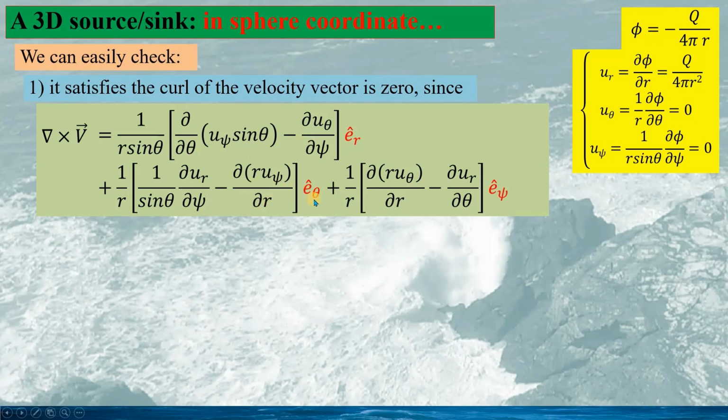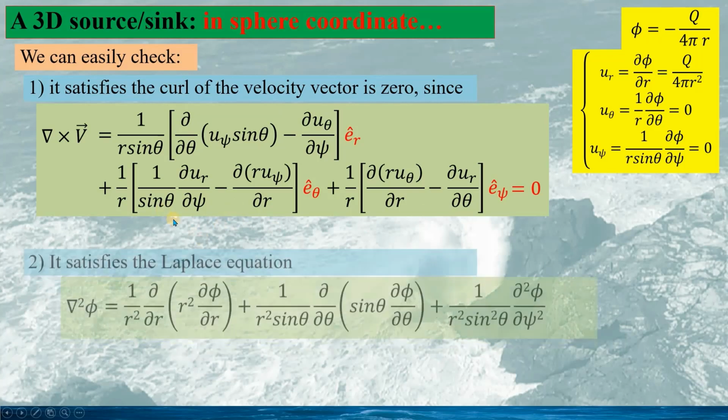The expression is much more complicated than in Cartesian coordinates. If we substitute all the velocity components into this expression, we can easily see it would be 0. That means the 3D source flow satisfies the condition for irrotational flow.